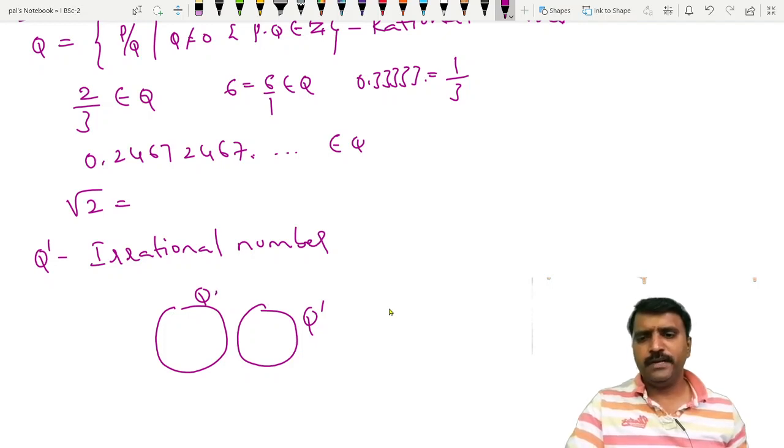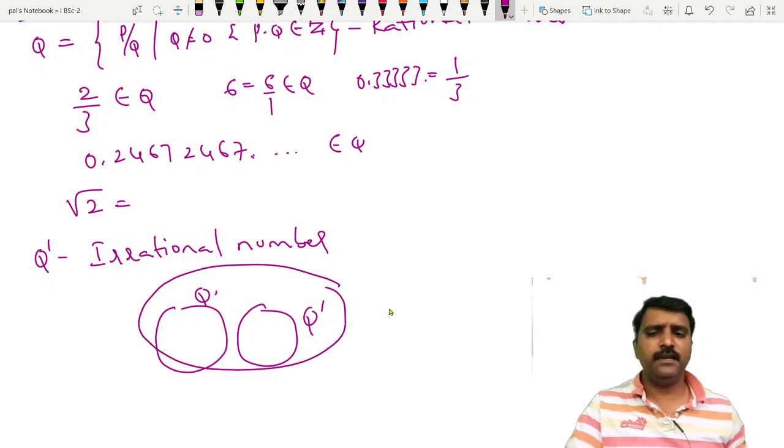So you take all rational numbers and irrational numbers in one set. If we put all these rational and irrational numbers into one set, that is the set R. That is called the set of all real numbers.